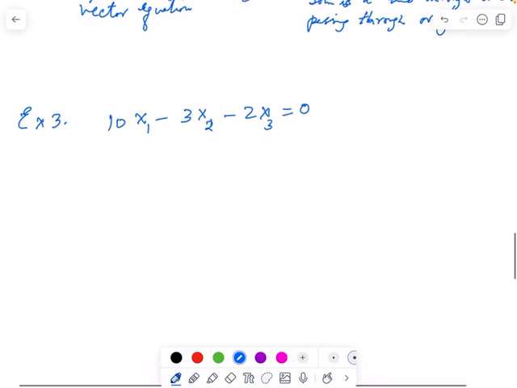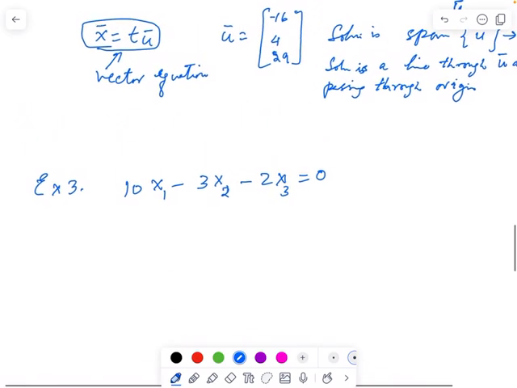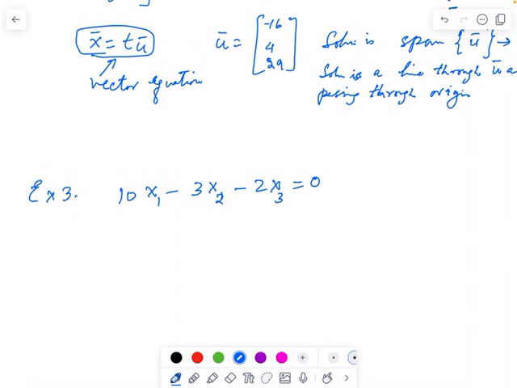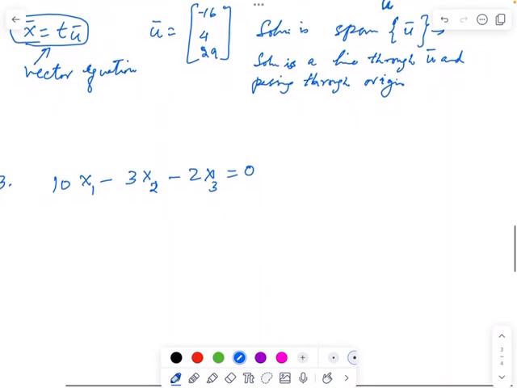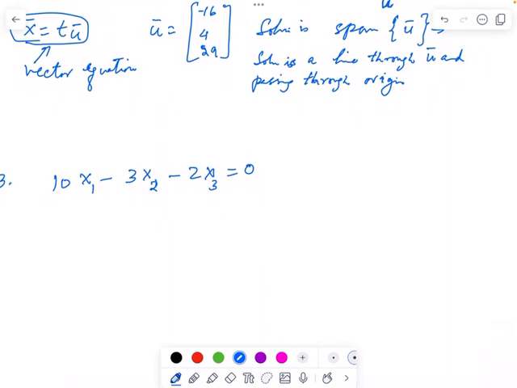So what will happen is 2 of the variables are going to be considered free variables. So which ones? Well, you can pick any 2 as free, but just for simplicity, we will take x2 and x3 as free. So these are free variables.